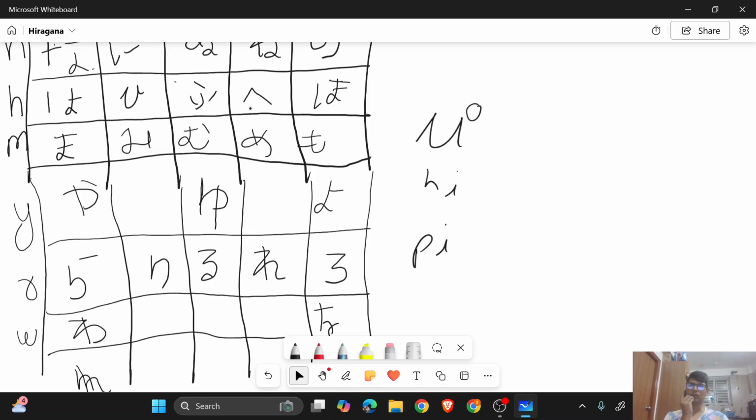Here, the throw of air will come, p, so it will be pa, pi, pe, something like that. That is handakuten and dakuten.